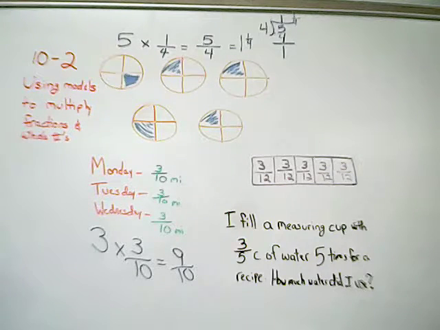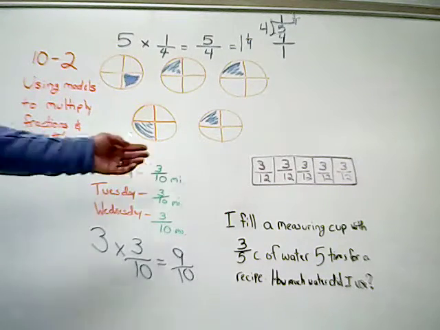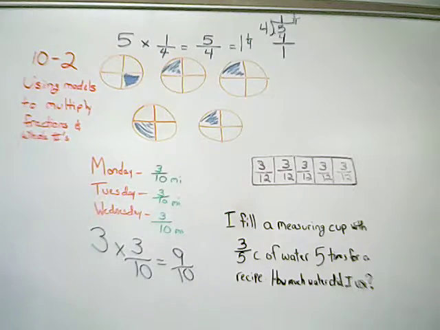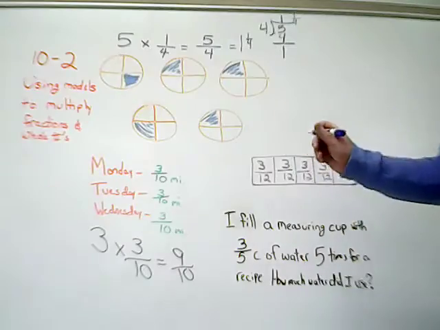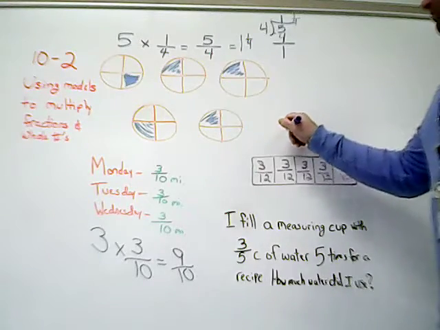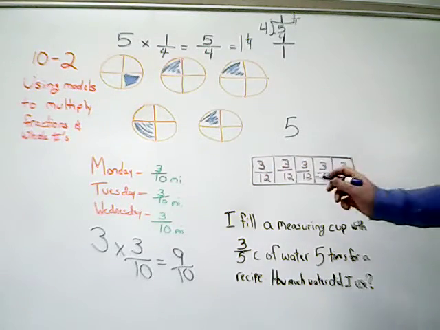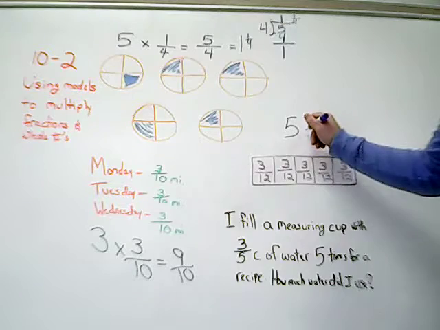My third example, on the right-hand side, I have 3/12, 5 times. Now again, I could add and add and add. But what I'm going to do here, I have 5 groups, 1, 2, 3, 4, 5. And each group has 3/12 in it.